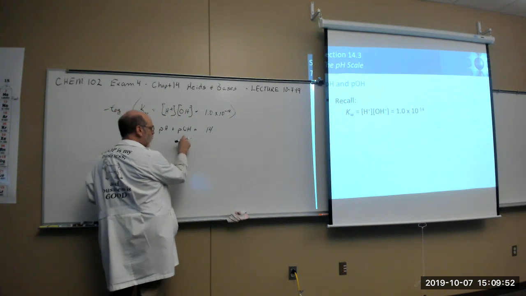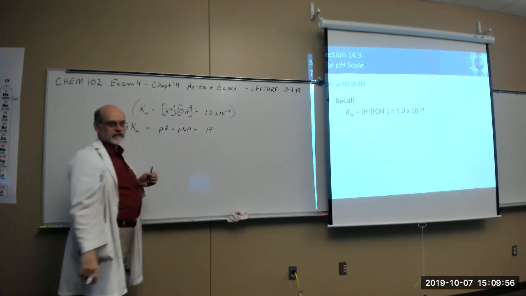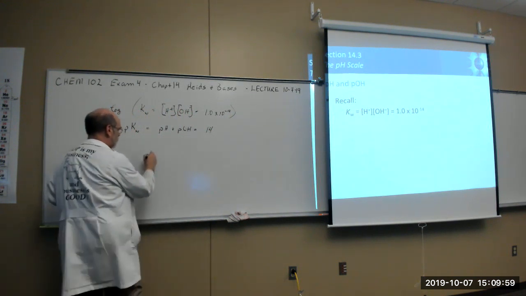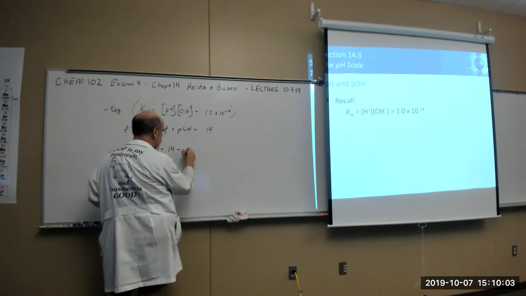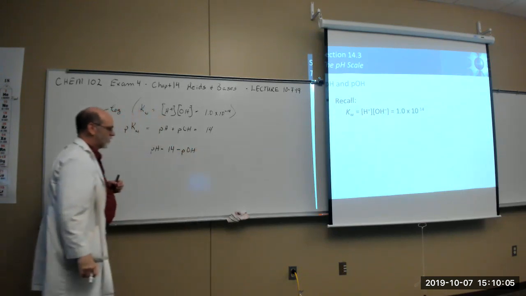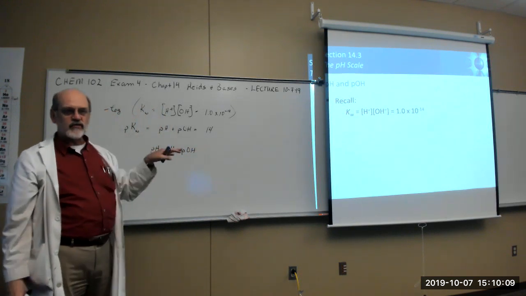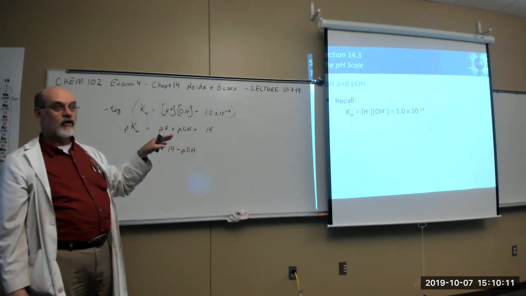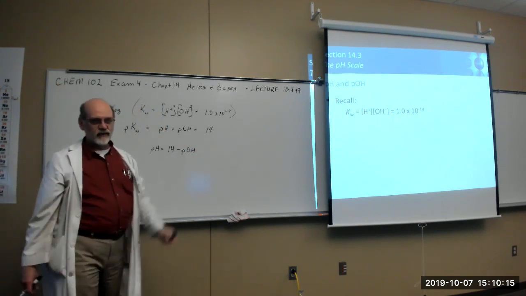If we find the pOH, just subtract it from 14 and you get the pH. So the pH is equal to 14 minus pOH. So we could have done the pOH of that value, 0.04, and just subtracted it from 14 and we get 12.6.